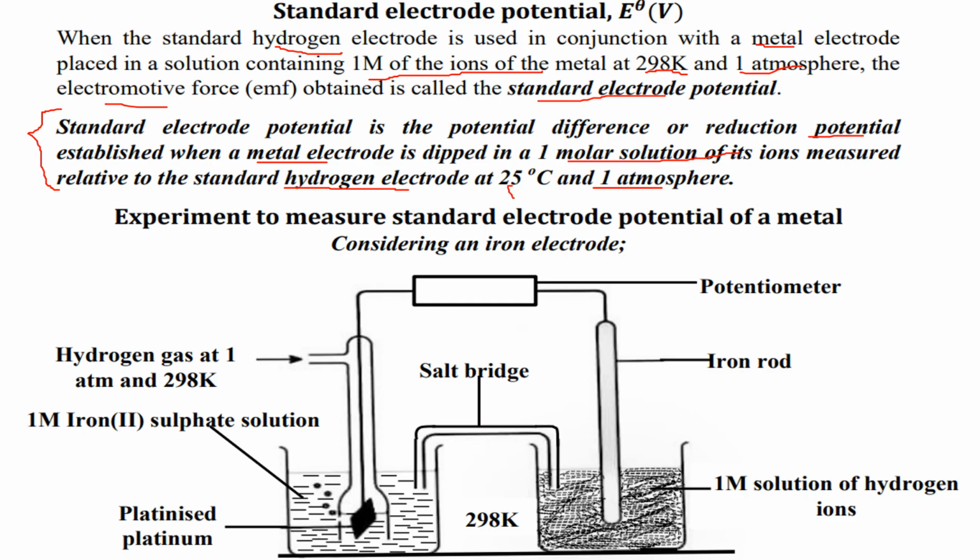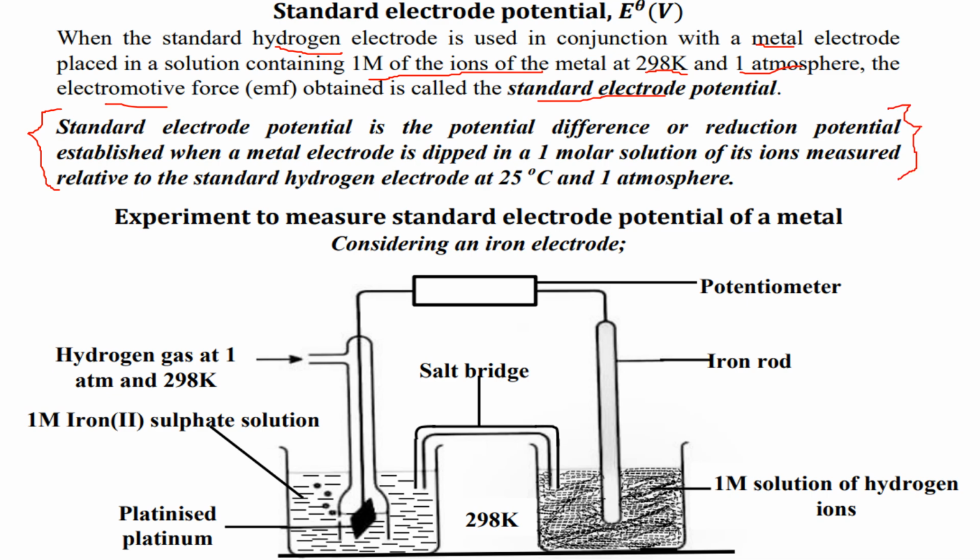Now room temperature is the same as standard conditions of 298 Kelvin together with 1 atmosphere. But what you should note when you are defining standard electrode potential is that you must talk about the standard hydrogen electrode, because for you to determine standard electrode potential, you must have a standard hydrogen electrode cell.